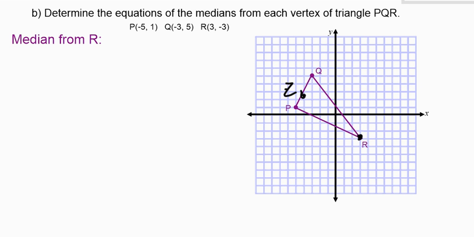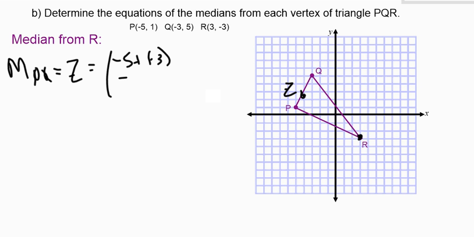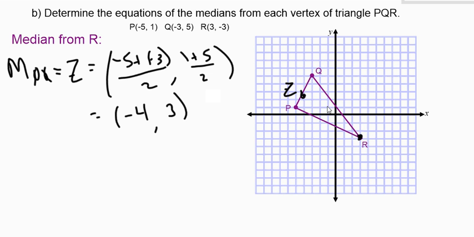Let's call that Z. So I need to start by finding the midpoint of PQ, which we're calling Z. So negative 5 plus negative 3 divided by 2, and 1 plus 5 divided by 2. So doing the math, negative 8 divided by 2, and 6 divided by 2. So Z is the point negative 4, 3. Looks about right.